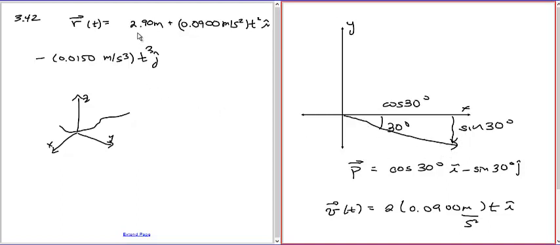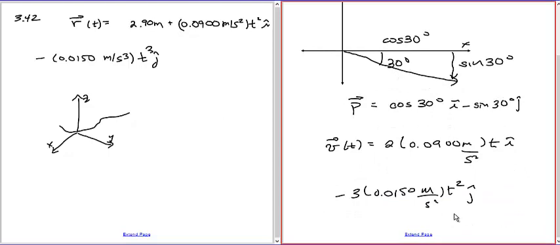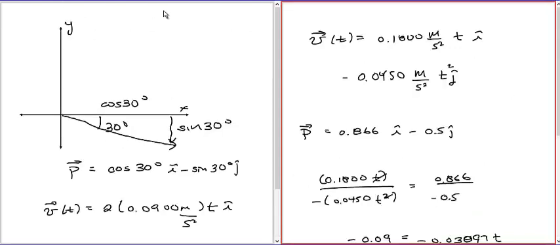So I take the derivative of the position vector. This goes to 0. Here we get 2 times this times t, i, and 3 times this times t squared, j. So that's this calculation right there. And this was cubed. Okay.